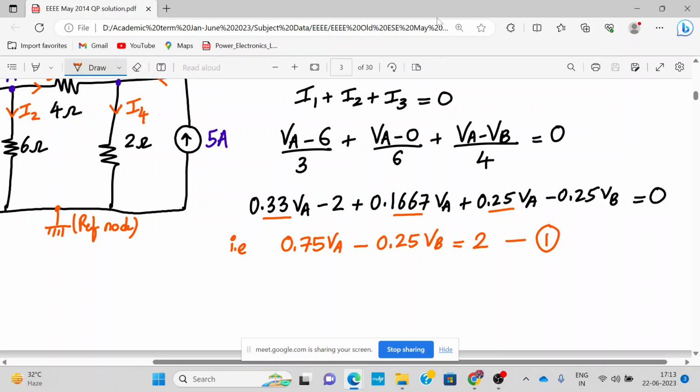Just follow the steps and see to it that you're getting a similar equation. Did you get a similar equation?